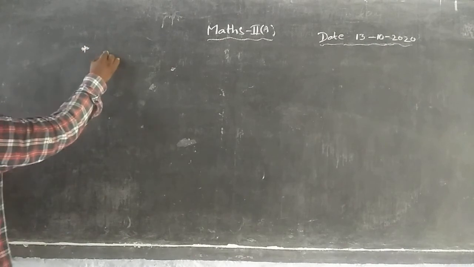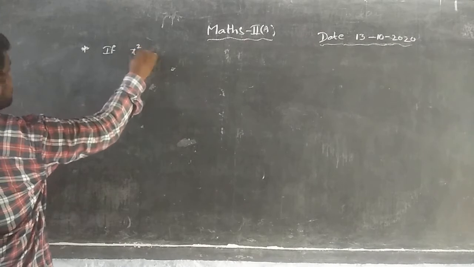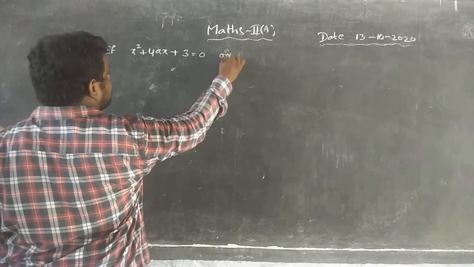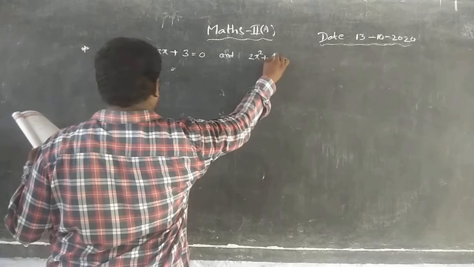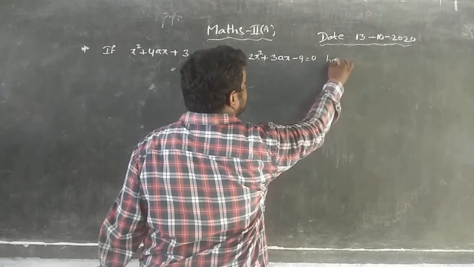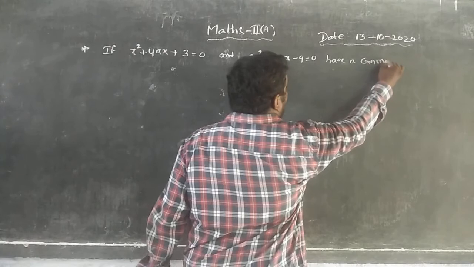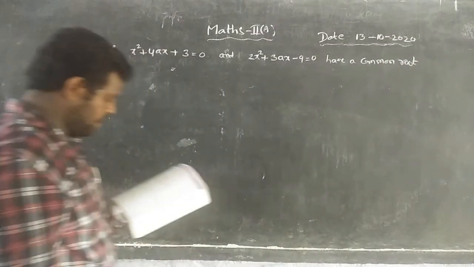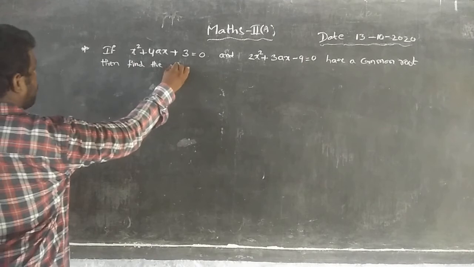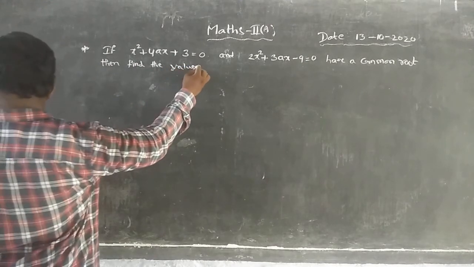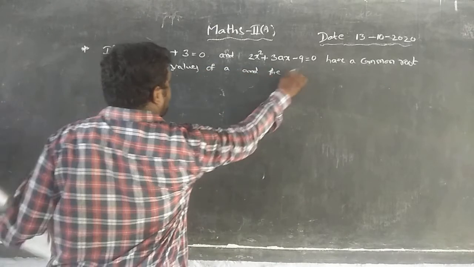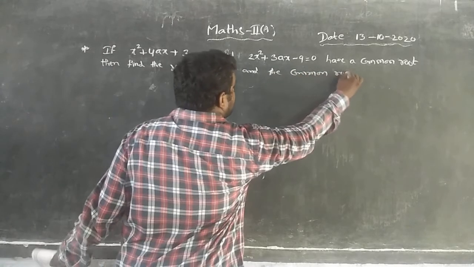Problem: if x square plus 4ax plus 3 equal to 0 and 2x square plus 3ax minus 9 is equal to 0 have a common root, then find the values of a and the common roots.